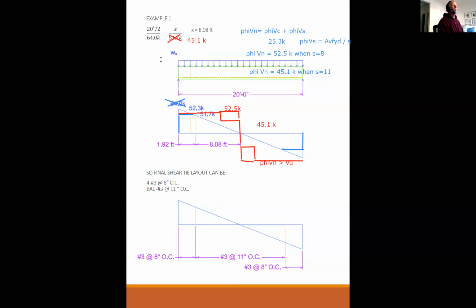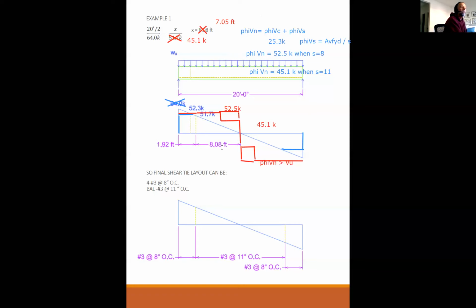So if you do that, I could do it real quick here. 10 times 45.1 divided by 64.0 is 7.05 feet.